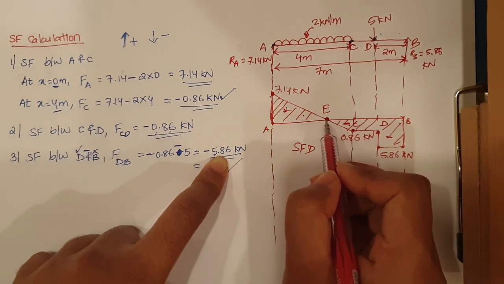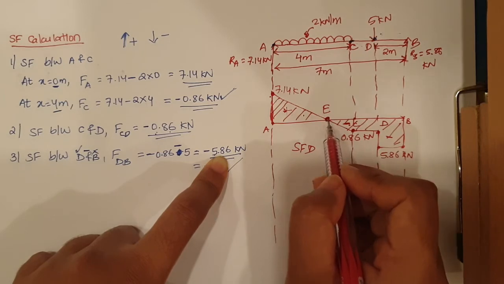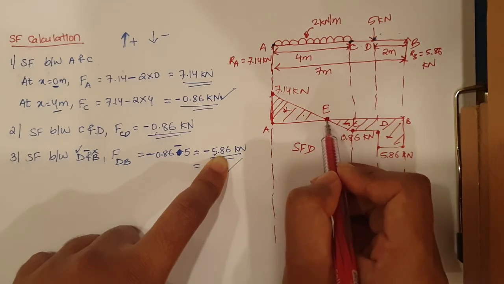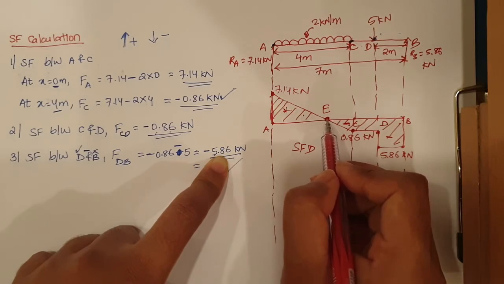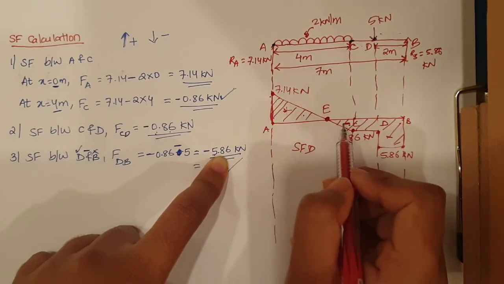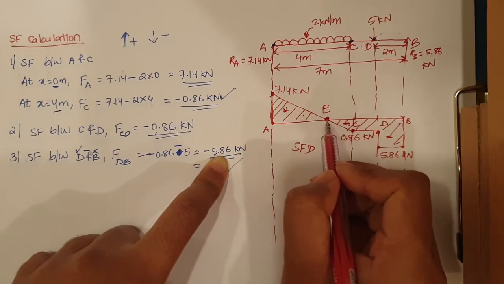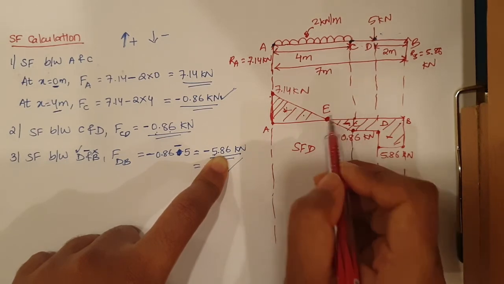So this is the point of contra shear, and at this point the bending moment will be maximum. The point where the shear force changes sign from positive to negative, at that point the bending moment will be maximum.